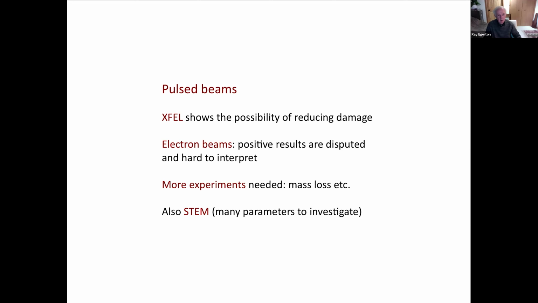So more experiments are needed with pulsed beams. Also, in the case of the STEM, that's a dynamic situation, and many parameters are involved, including the dwell time and the scan pattern, and there are indications from experiments that many of these parameters are important in determining the damage.